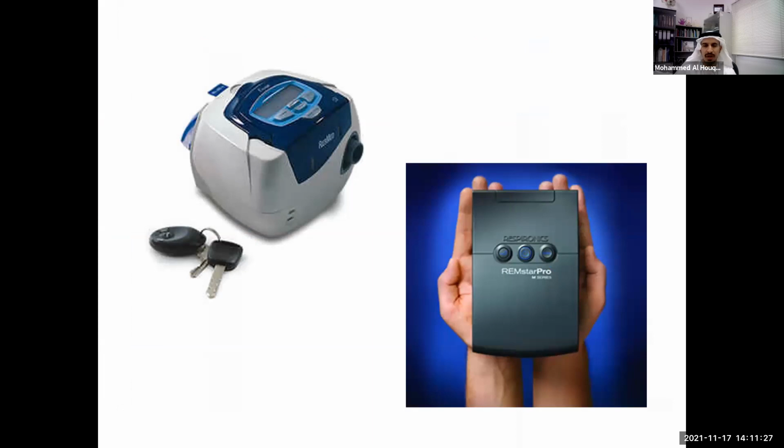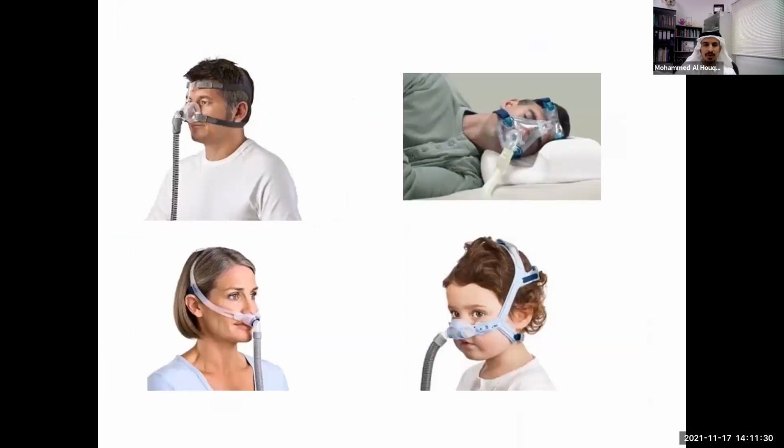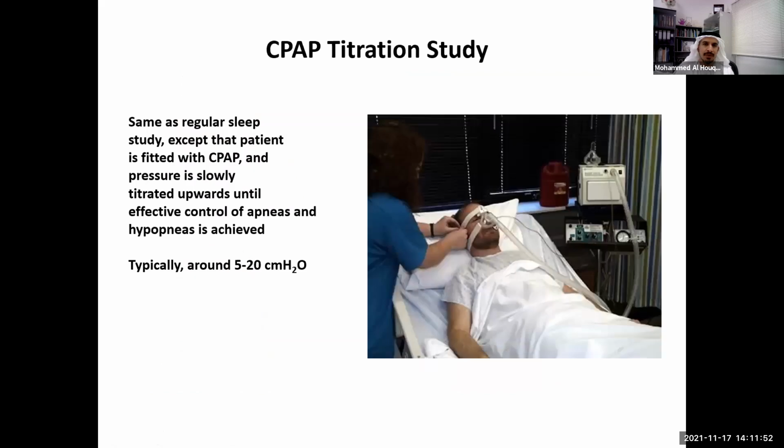Machines nowadays are really small, and come with really comfortable interfaces. Some of them are nasal masks that cover the nose, oronasal masks that could cover the nose and mouth, and nasal prongs which only get into the opening of the nasal nostrils.